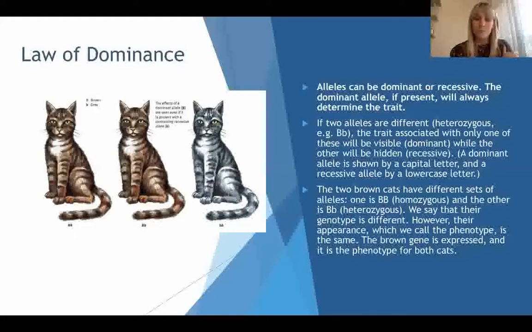So we say that the first 2 brown ones, their genotype, which is BB and Bb, are different. But their appearance, which is their phenotype, is the same. How? It's because the brown gene is expressed, and the brown gene is the dominant gene. So that is why both of their phenotypes are brown.